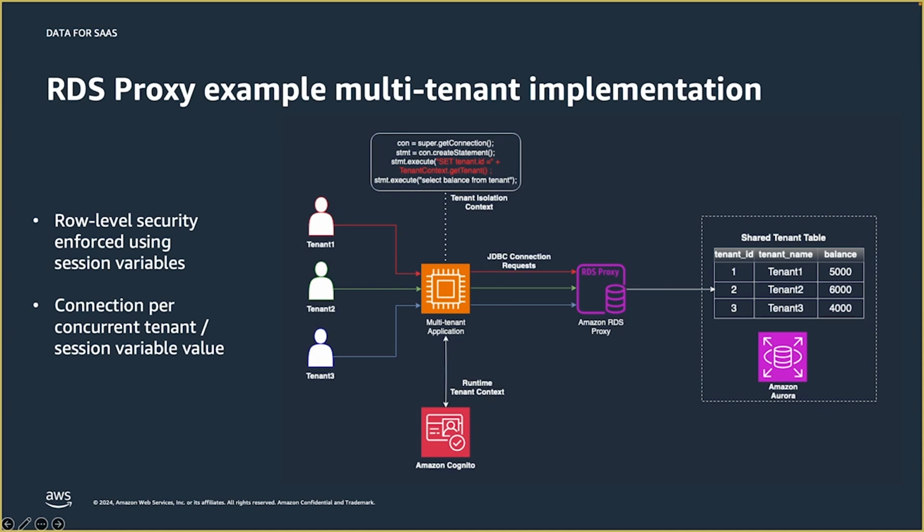So RDS Proxy is still valuable here because it is isolating the database from connection storms and allowing us to manage the maximum number of connections that we want to open to the database at any point in time. It also allows us to queue requests so that we don't have an immediate error within the application when there are no connections available. And we also get the failover improvements that were mentioned on a previous slide.